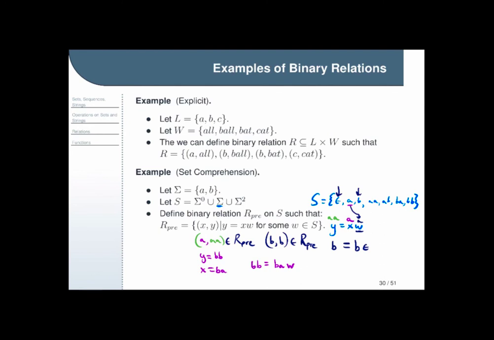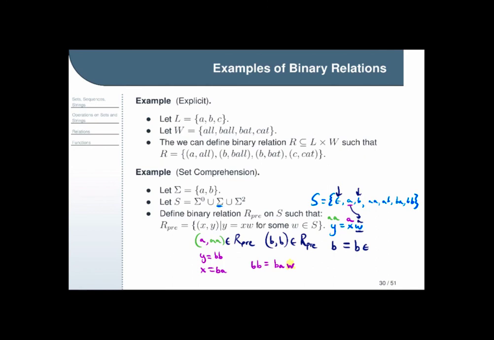Now you can see I'm in a bind, because I need to find some w, some value from this S, that if I concatenate it to the end of the string BA, gives me the string BB. So it somehow has to delete this A and replace it with the B, and there's no string that does that. So these two things cannot be related, because there is no w that exists that's going to satisfy that condition.